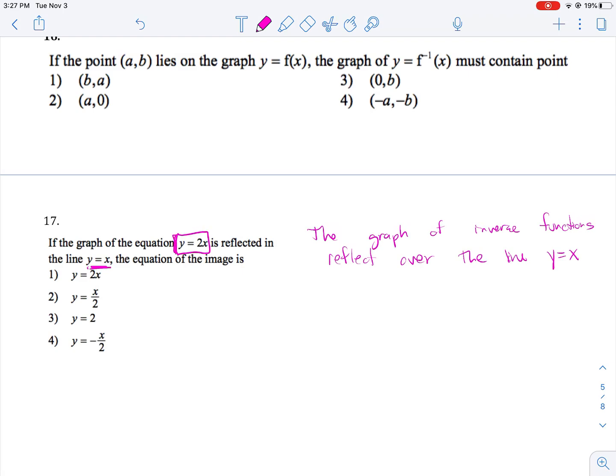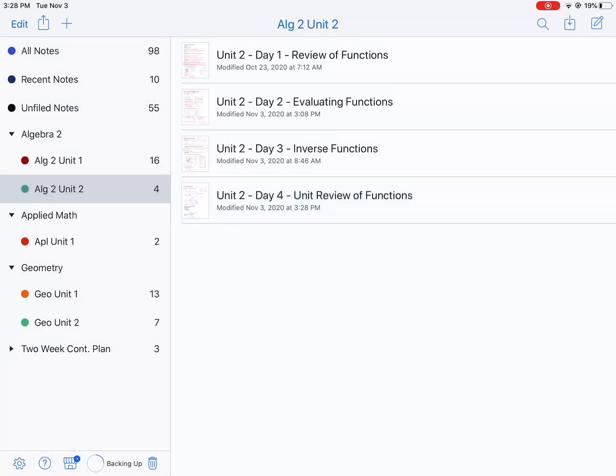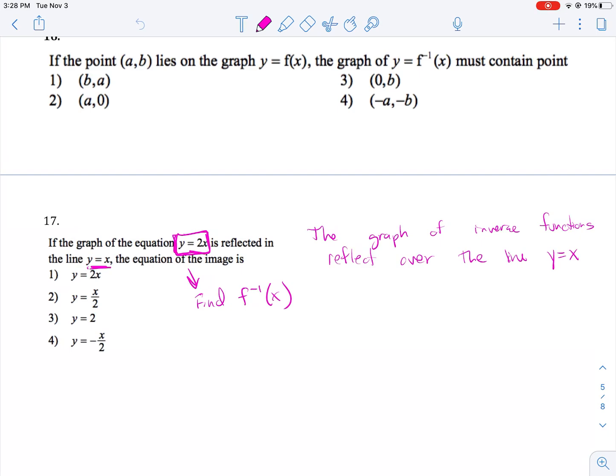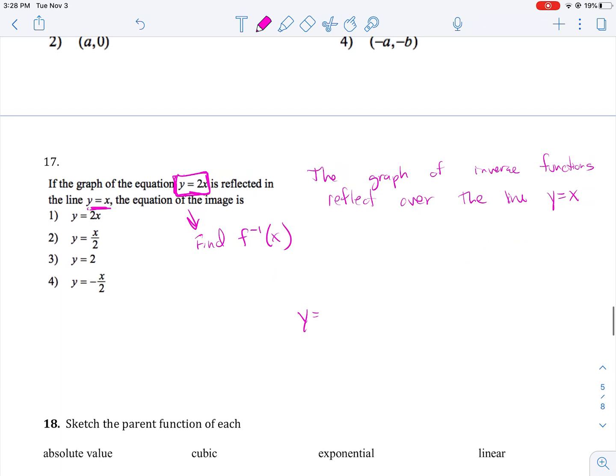Okay? So, that being said, what we're trying to find here, the equation of its image, what it's saying is find the inverse function. The graph of the equation y equals 2x is reflected over the line y equals x. The equation of the image is what? Okay, so we're finding the inverse of this function. So I write it down here.